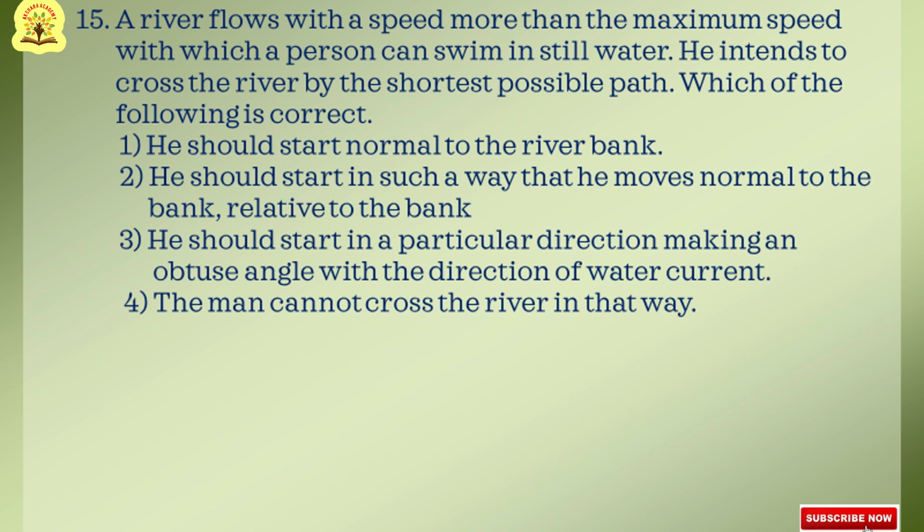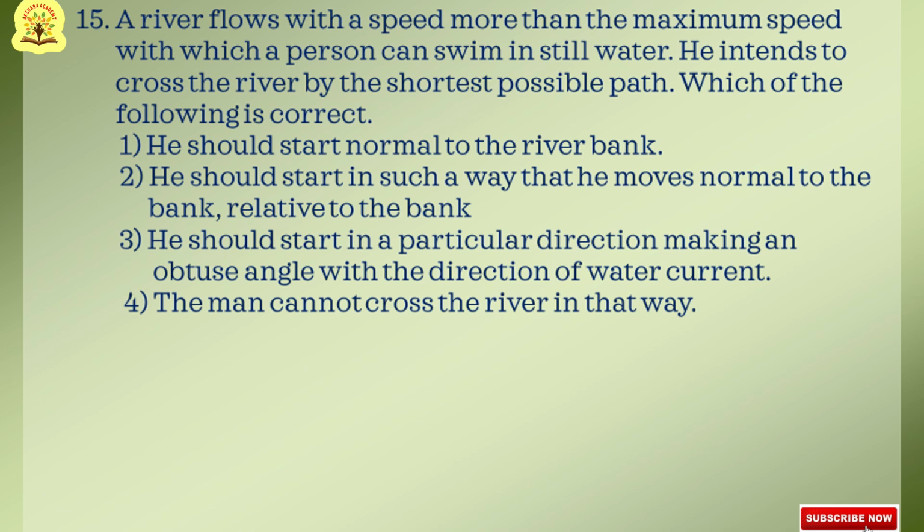The second one is he should start in such a way that he moves normal to the bank relative to the bank. The third one is he should start in a particular direction making an obtuse angle with the direction of water current. The last option is the man cannot cross the river in that way. So in these 4 options, which one is correct, now we should discuss.